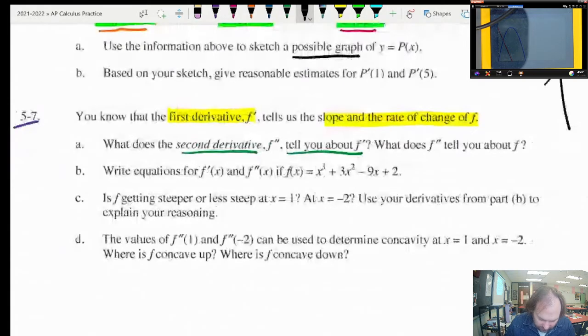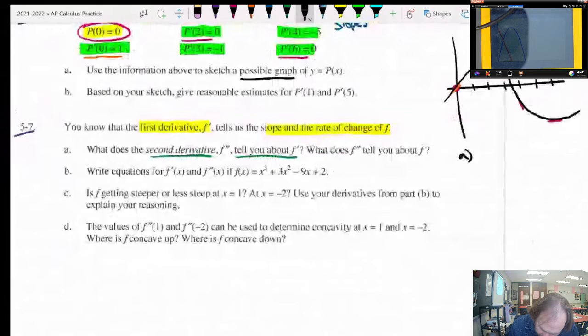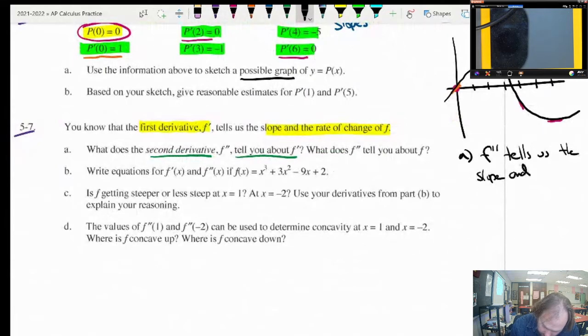Here's how I'd write this in 5.7a: f double prime tells us the slope and rate of change of f prime. F double prime gives us the same information about f prime as f prime gives us about the original function.